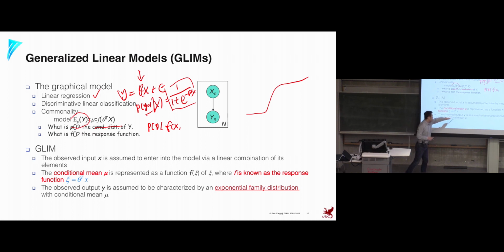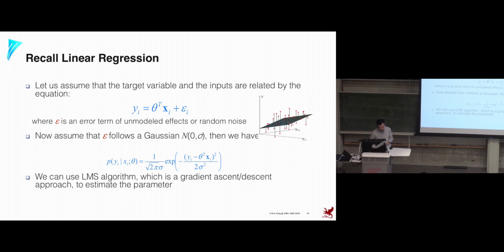And the observation output y is now characterized by the exponential family distribution. Then by different choices of the f and the p, you pretty much covered all the linear distributions, the two-node graphical models that we run into.